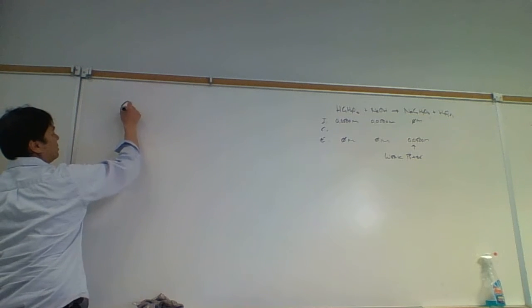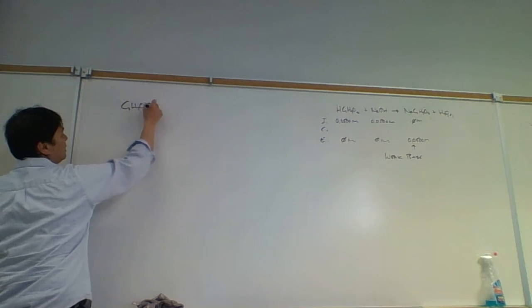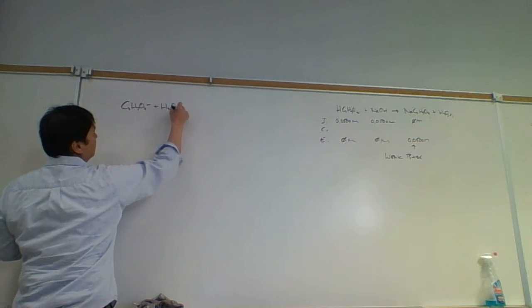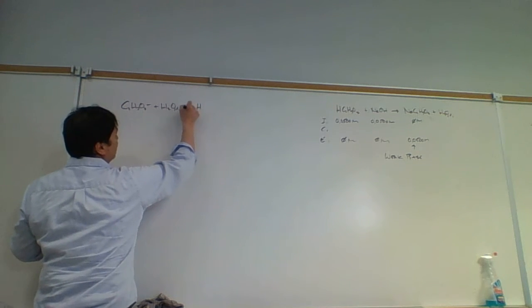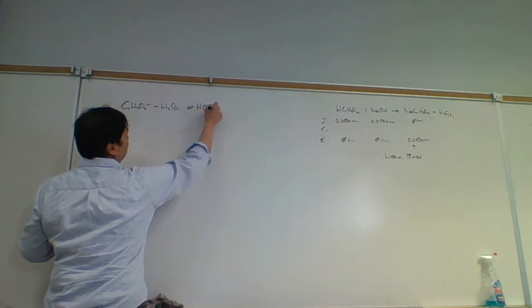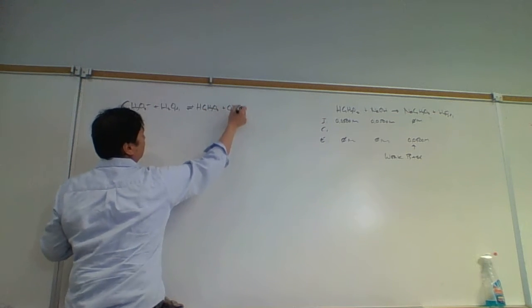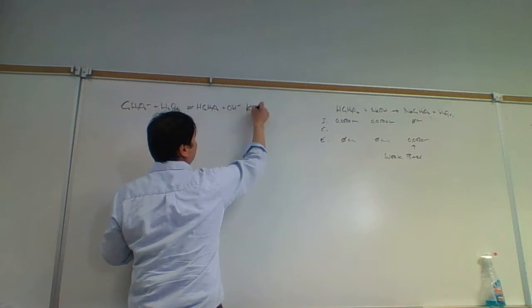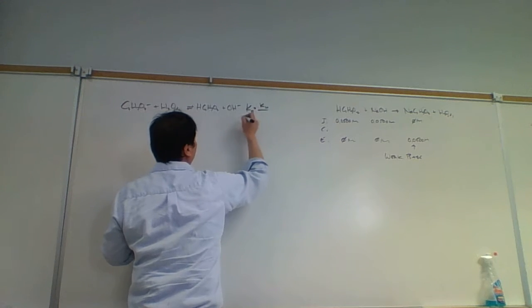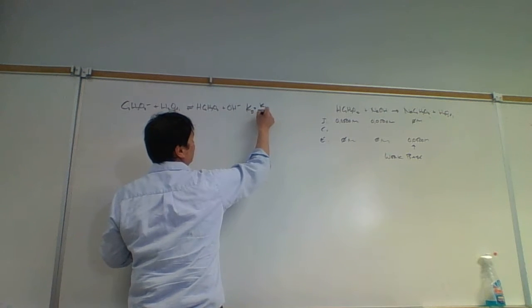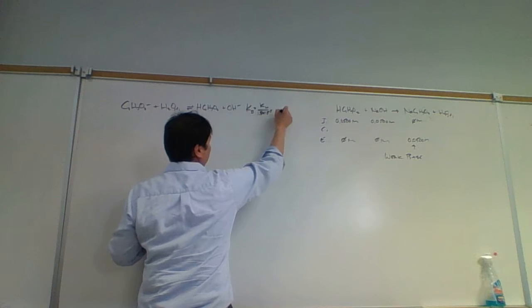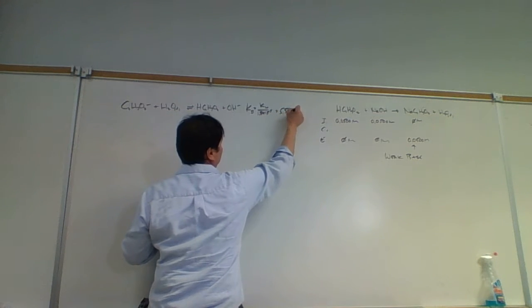We use the Kb. So the Kb is going to be C2H3O2 minus plus water. This is going to produce acetic acid and hydroxide. Kb for this is equal to Kw divided by the Ka for acetic acid, which is 1.8 times 10 to the minus 5. This gives me 5.5 times 10 to the minus 10.